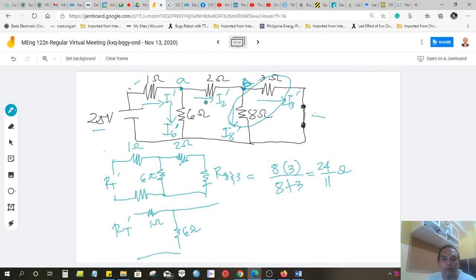So this is 2 plus 24 over 11. So 24 divide 11 plus 2, that is 46 over 11 ohm.